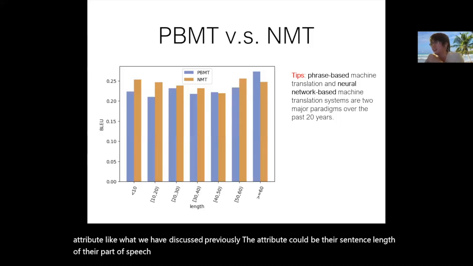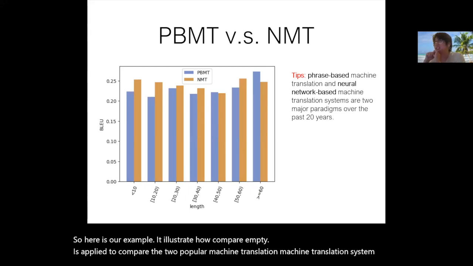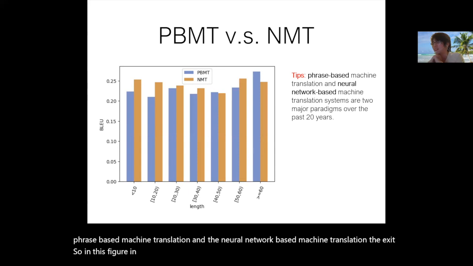So here is an example. It illustrates how CompareMT is applied to compare two popular machine translation systems, phrase-based machine translation and neural network-based machine translation. In this histogram, the x-axis represents the different intervals of the attribute sentence length.